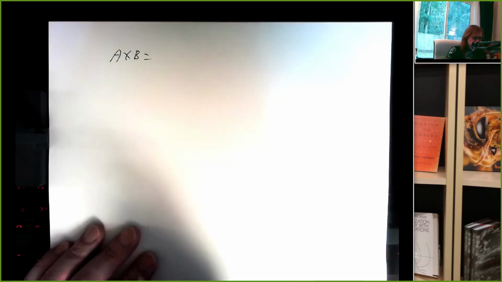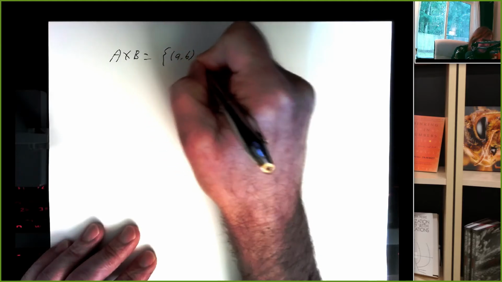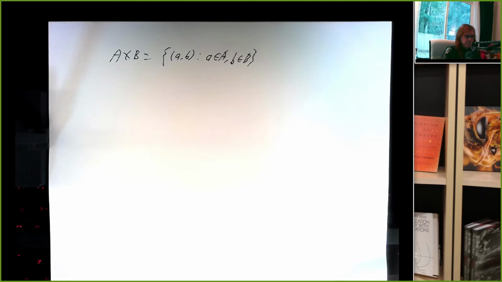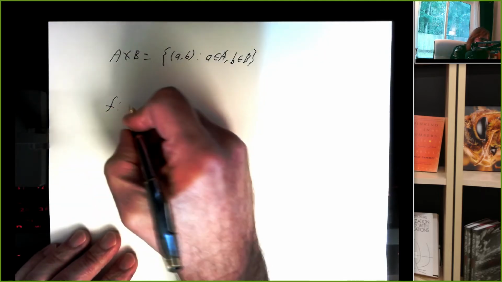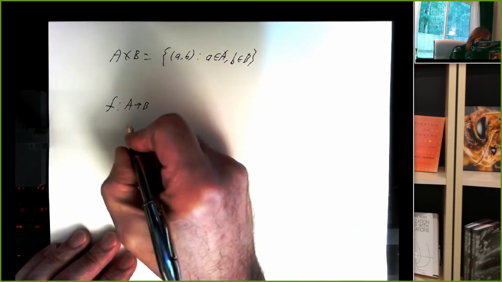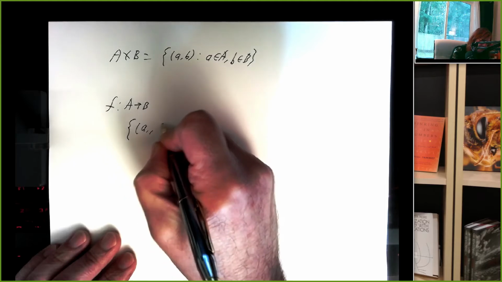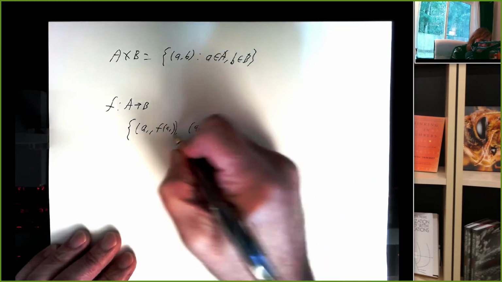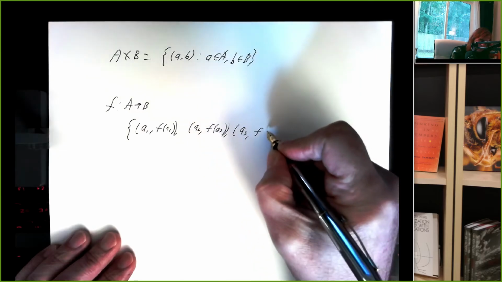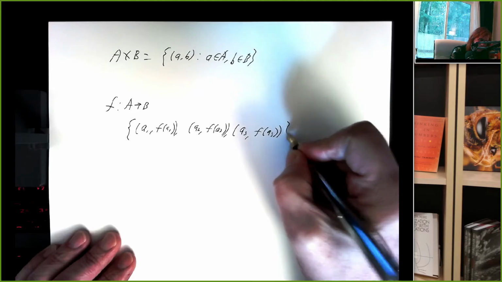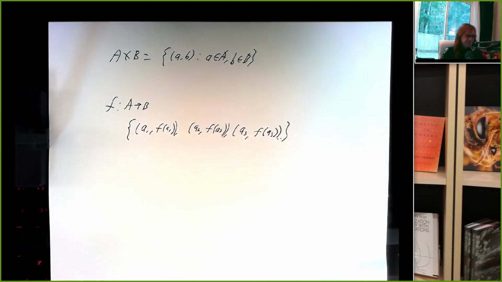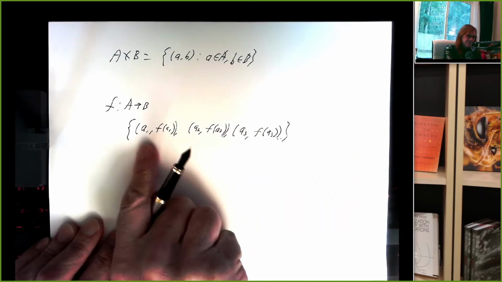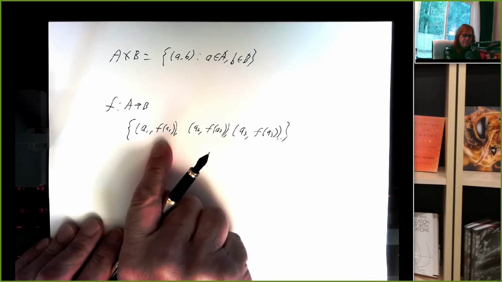A cross B, or the Cartesian product of A and B, is the set of all tuples little a, little b, where little a comes from set A and little b comes from set B. Well, we're saying that if we have a function f going from A to B, we can think of that as a set of tuples where we list the elements of A and associated with each one some value of B that we call f of that value of A. In other words, this function corresponds to a set of tuples where the first element comes from A and the second element comes from B.